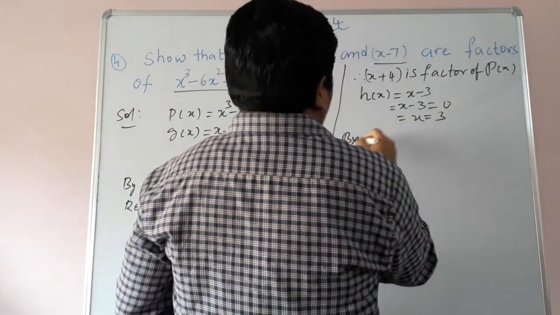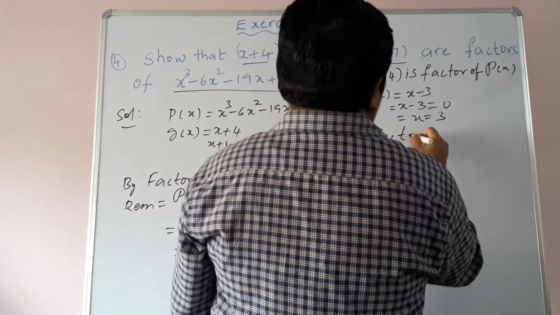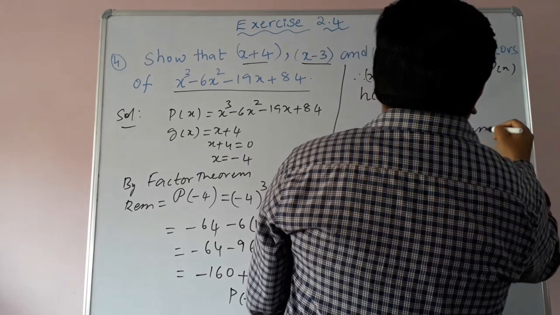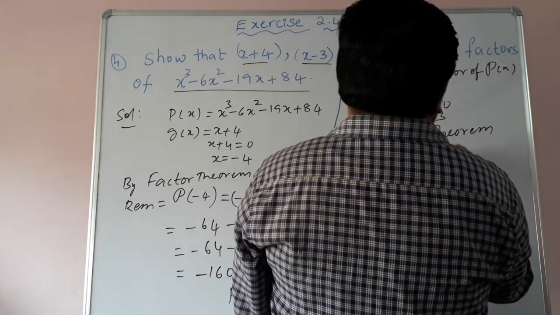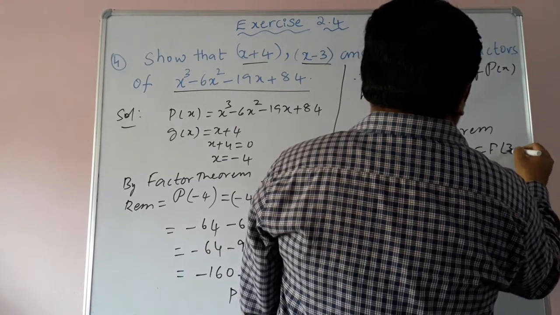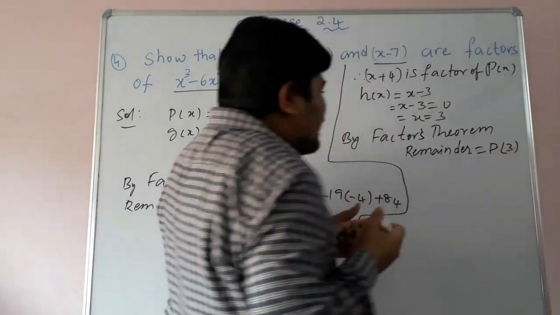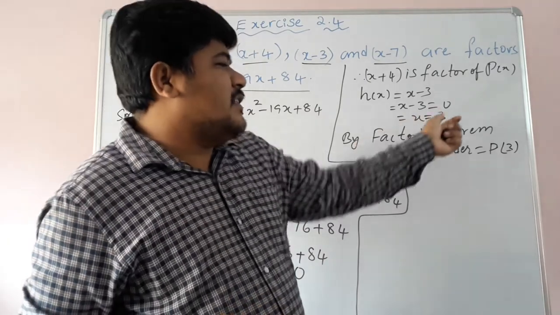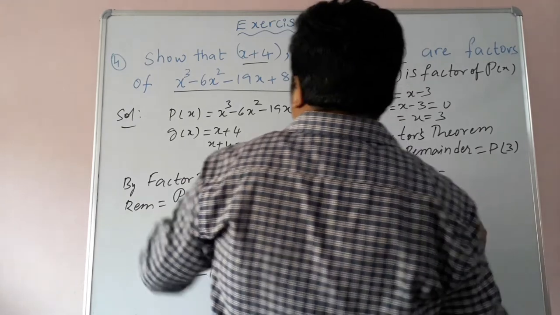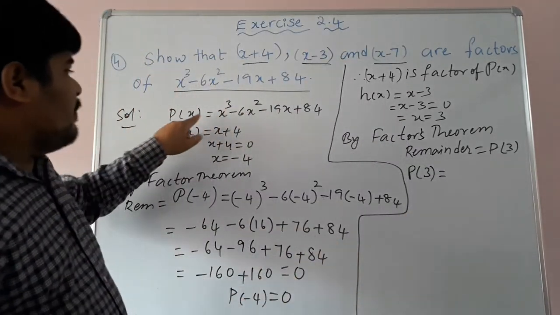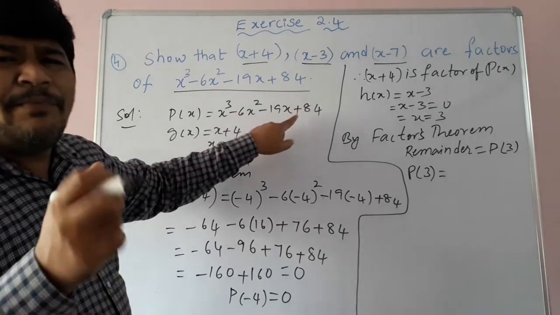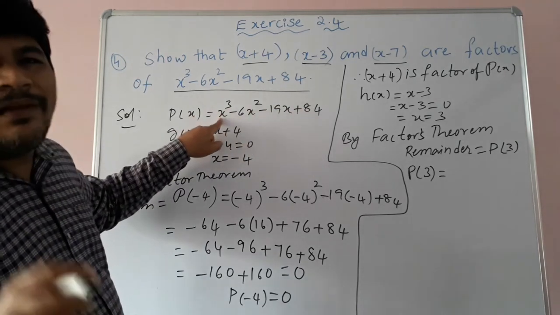So now by factor theorem, remainder is equal to p of 3. So we will just replace the x value with 3. Now children, find p of 3 value. P of 3 is equal to, what is the expression, children? Polynomial p of x is equal to x cube minus 6x square minus 19x plus 84. Simply here we have to write 3 in the place of x.